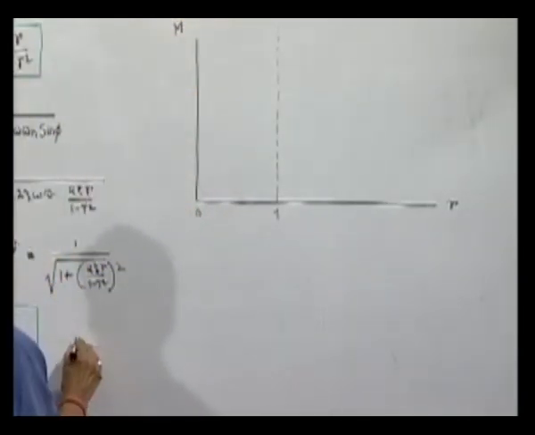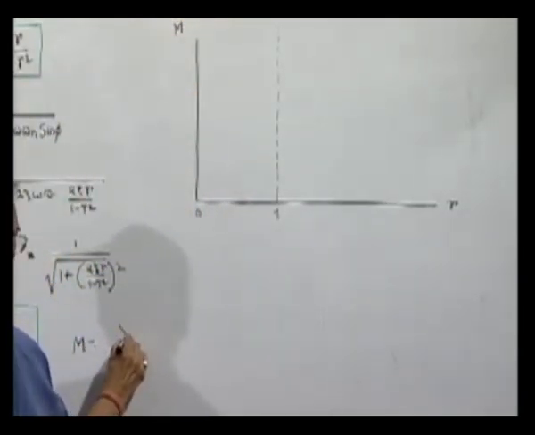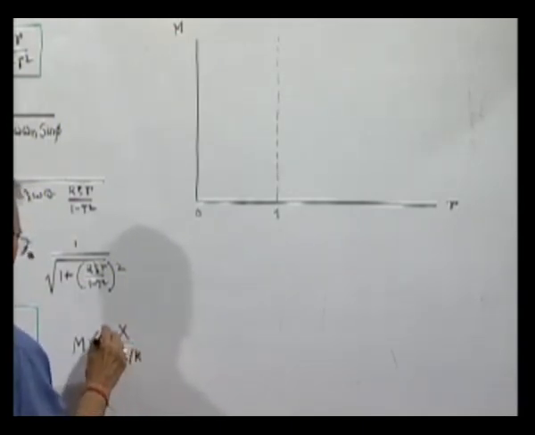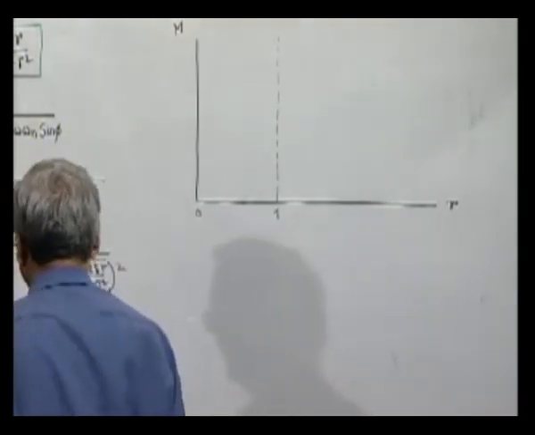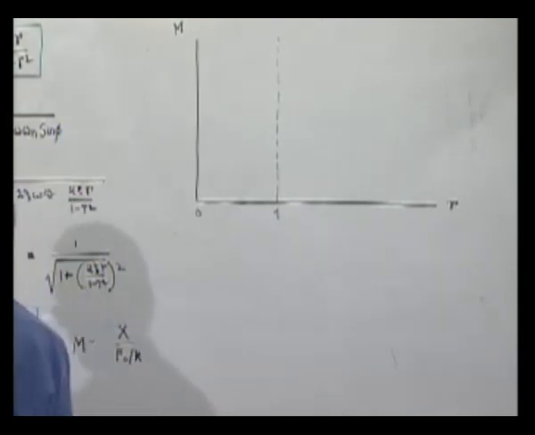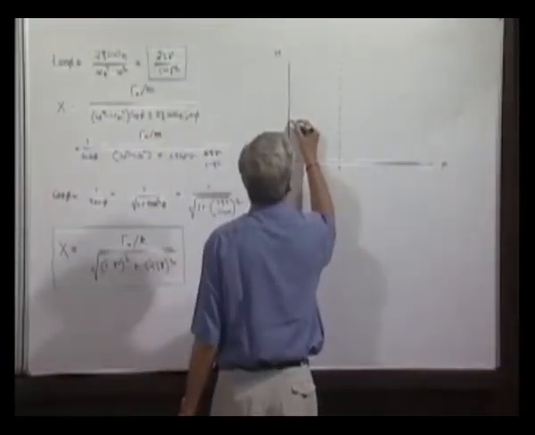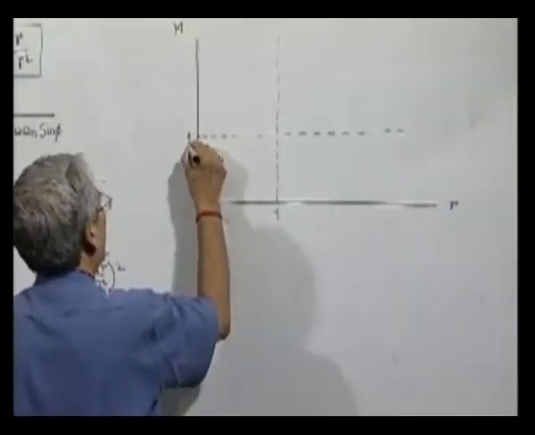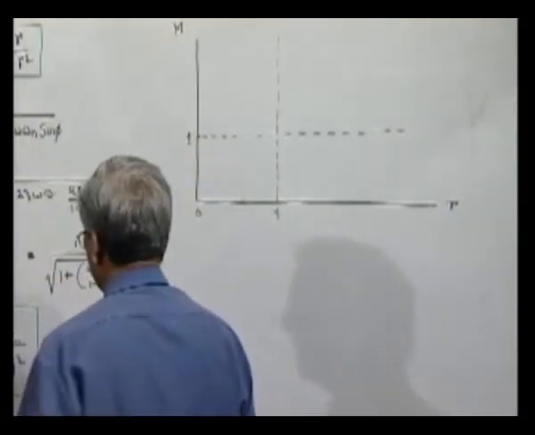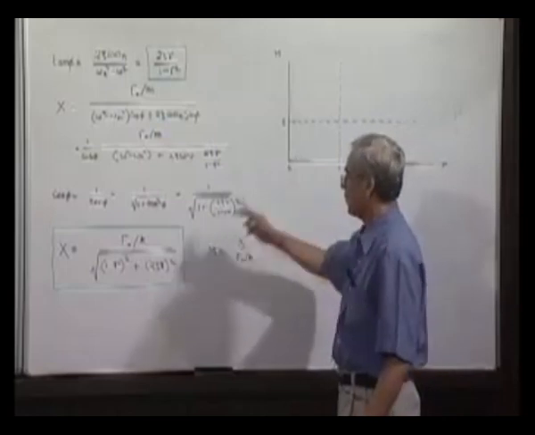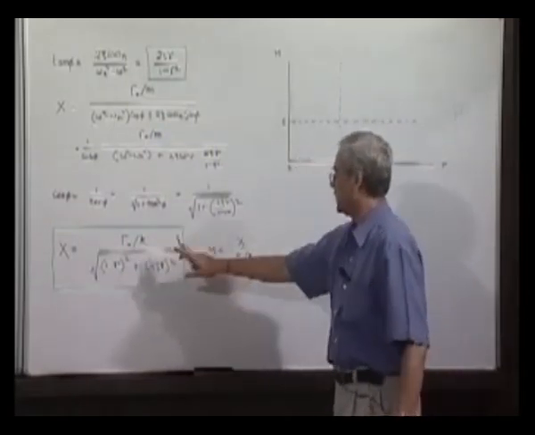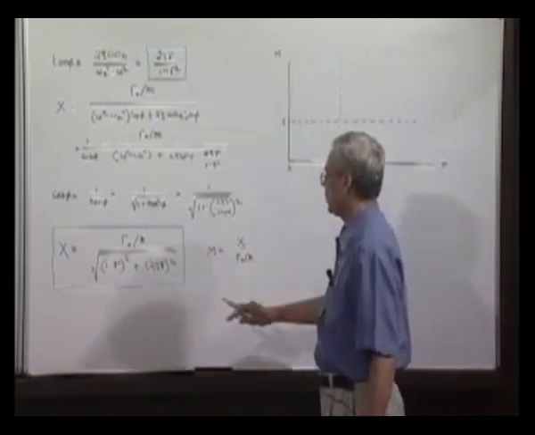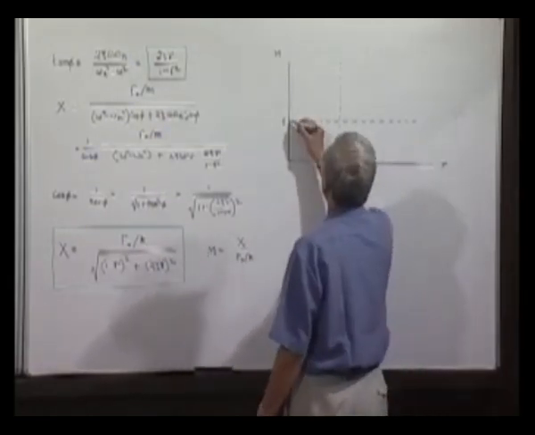Magnification factor, again we define the same way, x by f0 by k, and as you can see, when r is tending to 0, this is 1, this is 0, so it will be 1.